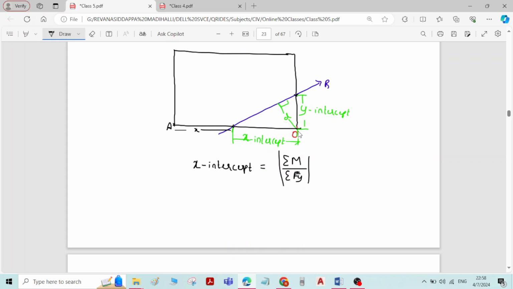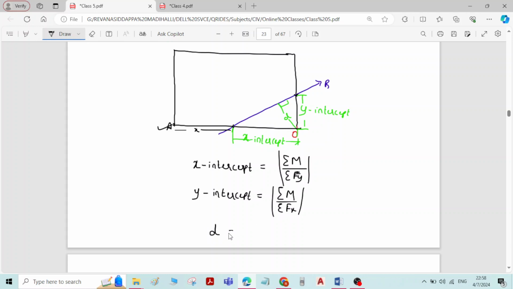In the problem, this reference point will be given, for example: find the position with respect to point O, or with respect to point A. With respect to the given reference point, we have to find the position of the resultant force. Similarly, the formula for the y-intercept is sigma M by sigma Fx, where sigma M is the moment about the reference point O and sigma Fx is the algebraic sum of forces in the x direction.